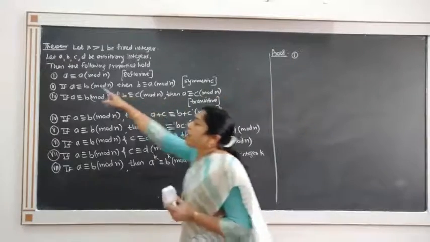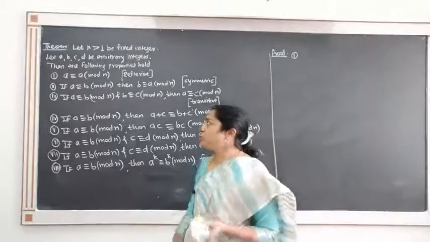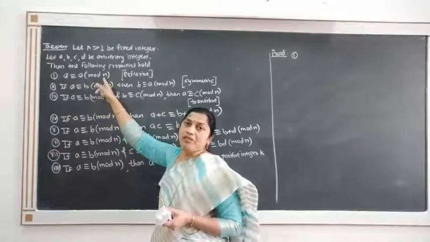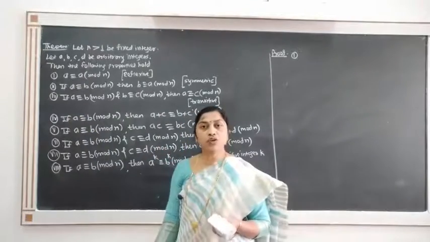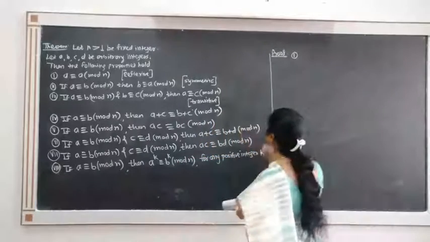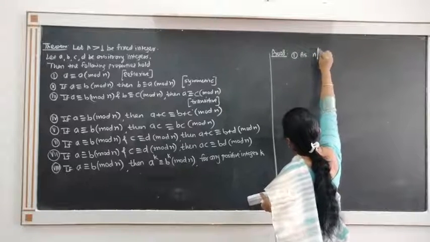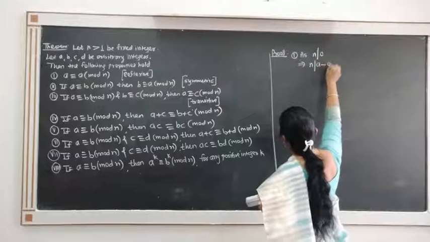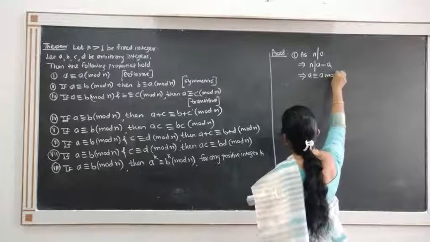We want to prove that a is congruent to a mod n, that is, the congruence relation is reflexive. So we know that a is congruent to a mod n if and only if n divides a minus a, and a minus a is 0. We know that n divides 0. Every number divides 0. So as n divides 0, that is, n divides a minus a, this implies that a is congruent to a mod n.